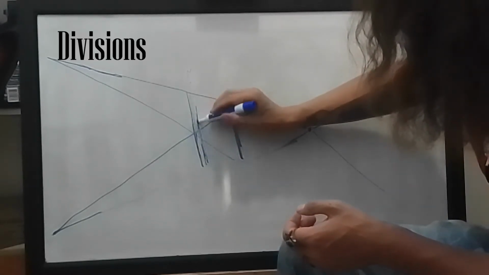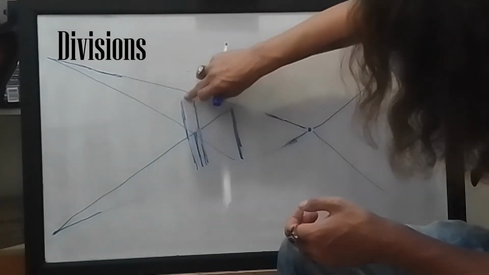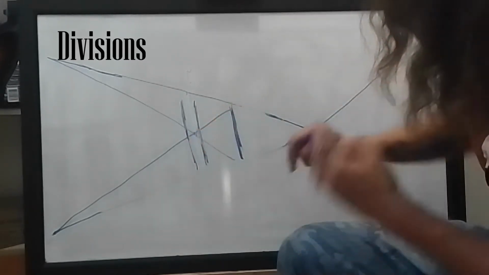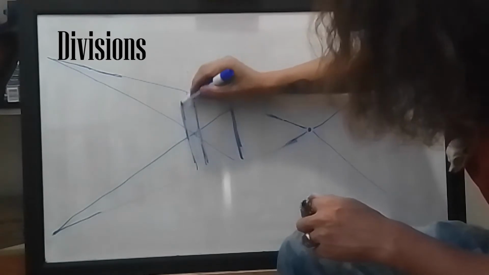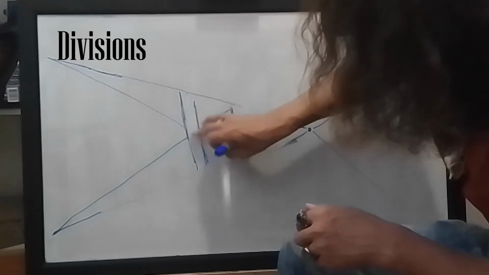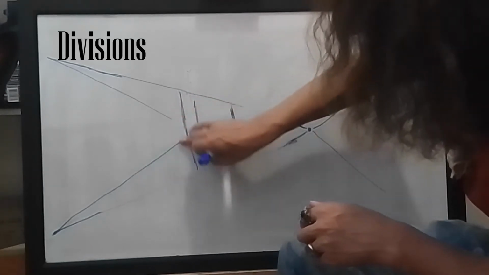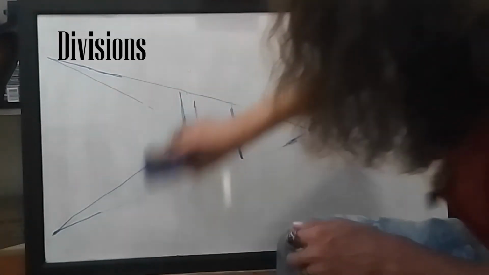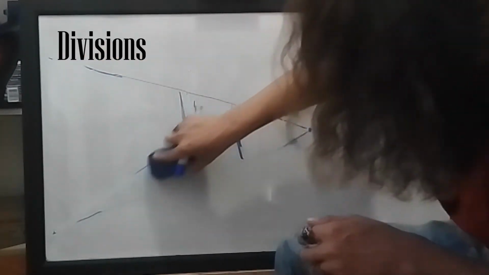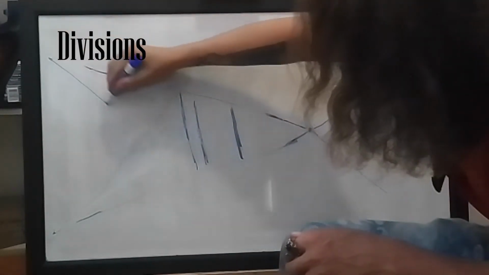So then I can kind of start chopping in these buildings, sort of erase this here. And I can just keep doing this. How do we find halfway on this building here? Same thing. Just gonna go like that.